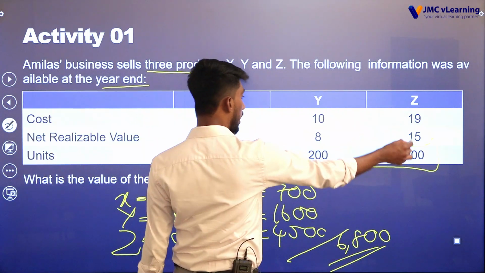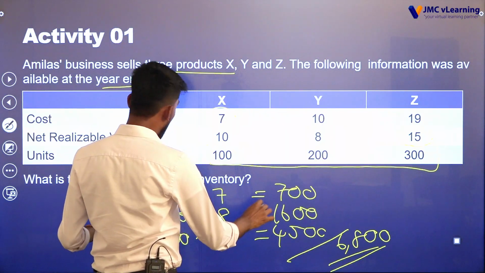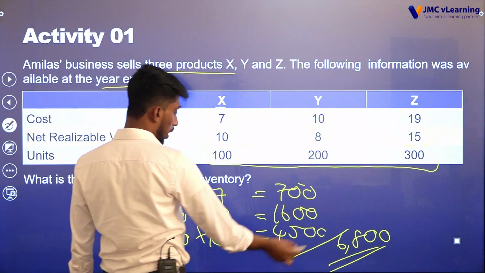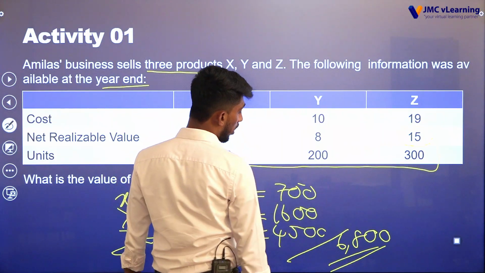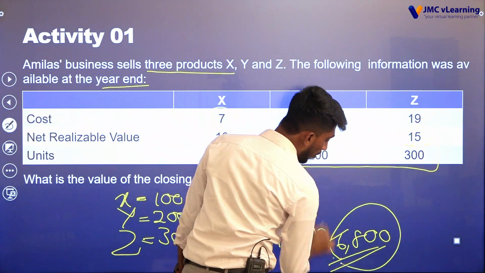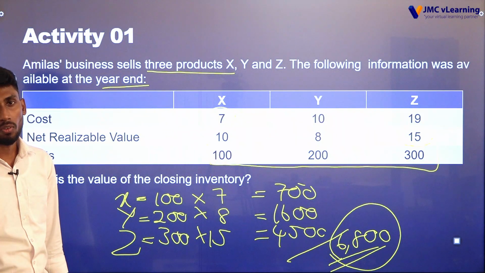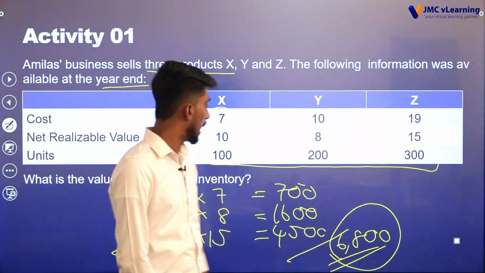And here again I took the net realizable value, it was the lower one. So, I got the total inventory value of X, of Y, of Z, then I took the total. This is the value of total inventory at the year end.